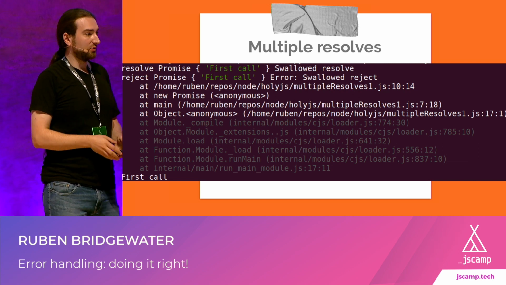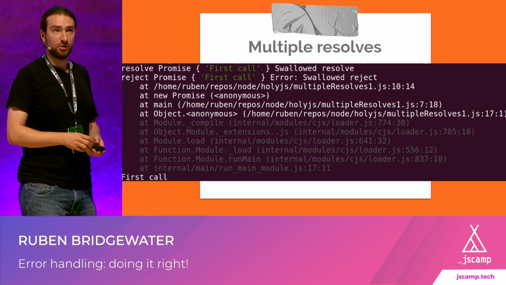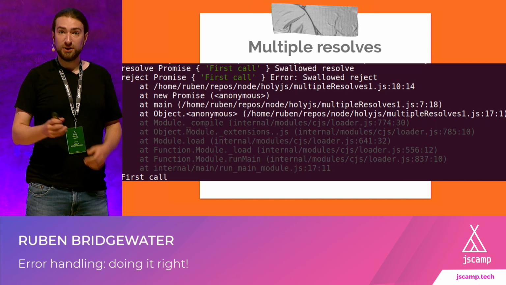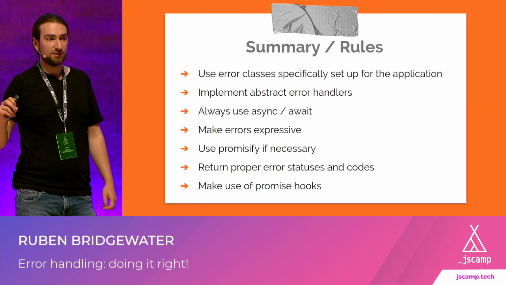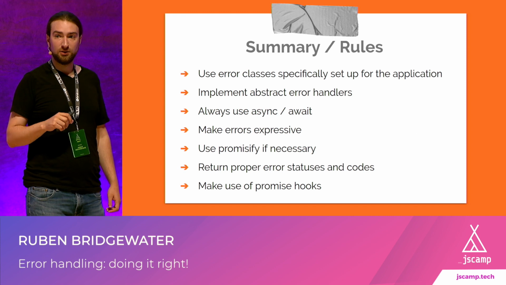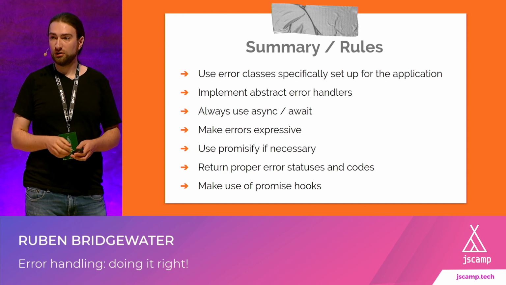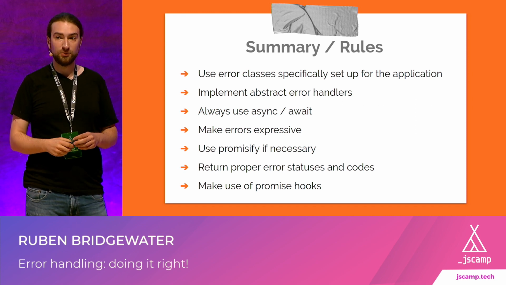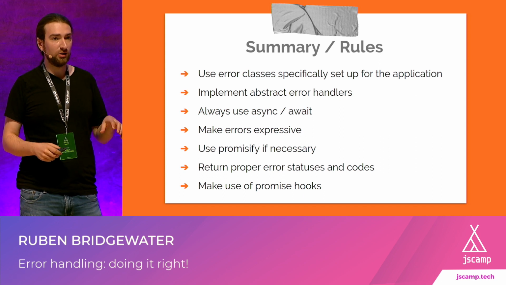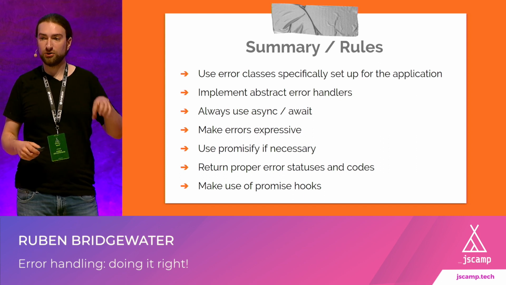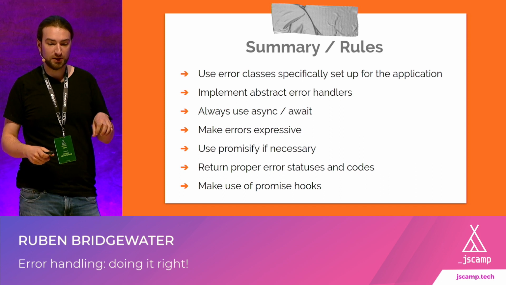Let's just summarize all of the things I've talked about again. Please use specific error classes for your application, and only use those. It has to be used by all developers throughout the project, or at least throughout the module that you're using it in.